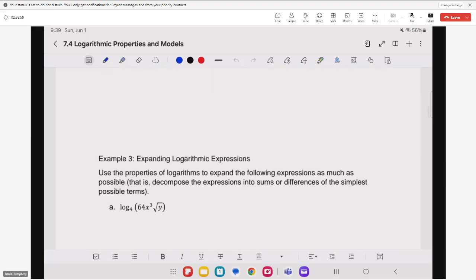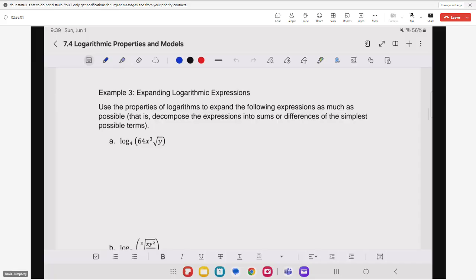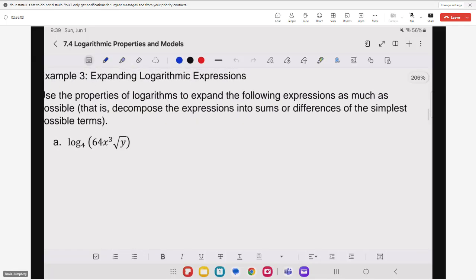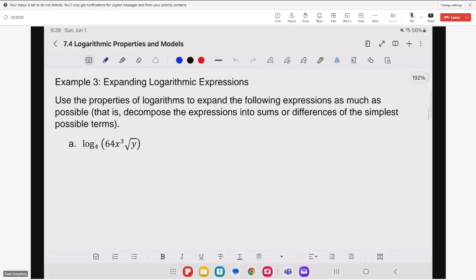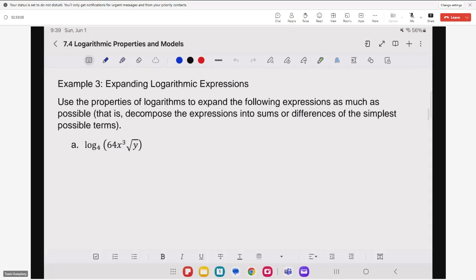Alright, so let's go ahead and take a look at an example. We are expanding logarithms using the properties from above. So I see log base 4 of the product of 64 times x to the third times the square root of y. So since I have a product, I know that I'm going to write the sum of logs. So let's go ahead and expand that.